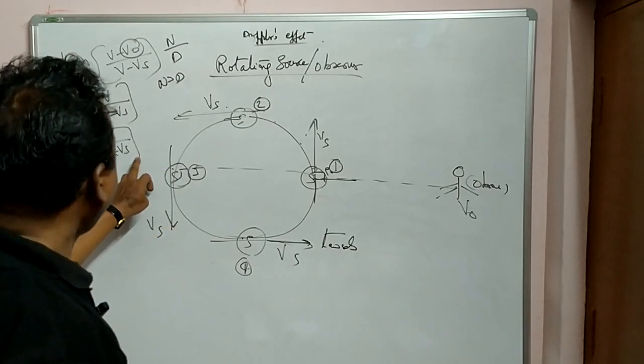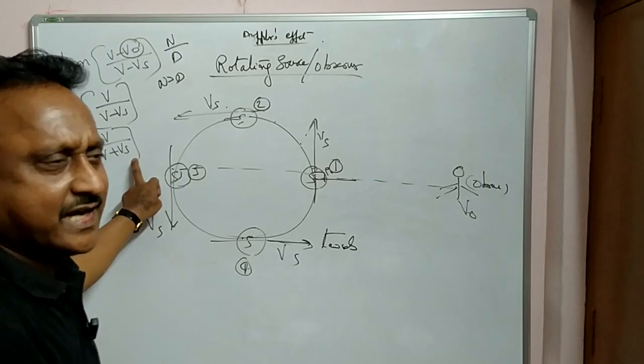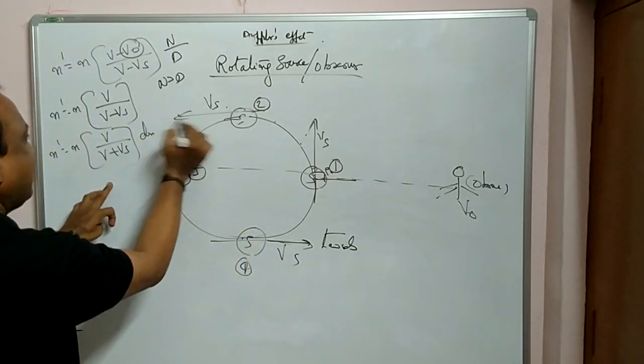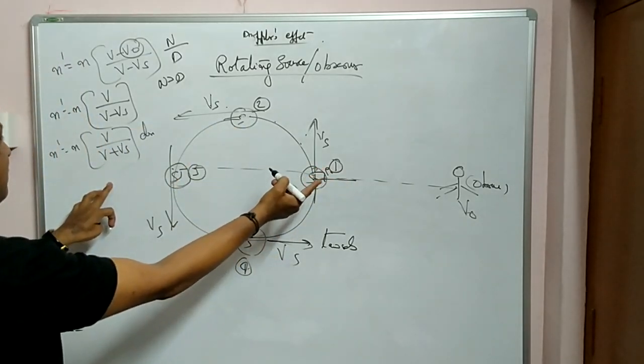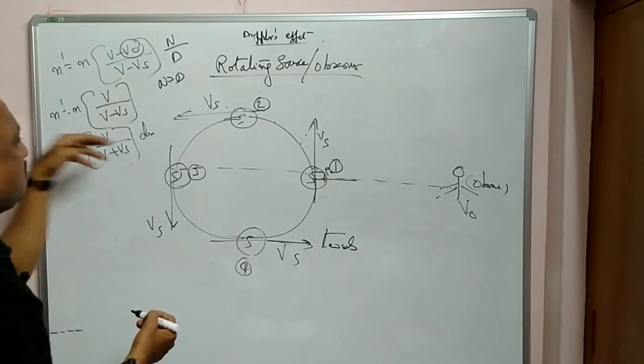See here, denominator more means less, decreasing, going away from the observer. Here numerator more, increasing, towards the observer.